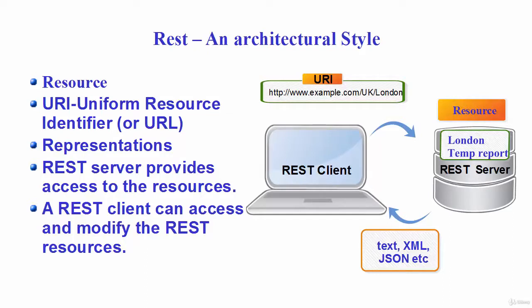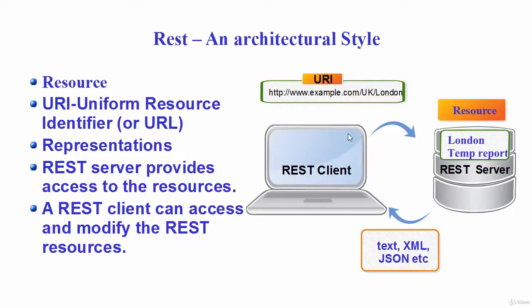So in a REST based architecture, you have a REST server which provides access to the resource. In our case, it's weather data of some city, for example, and you have a REST client. The REST client can access or modify the REST resource. Now every resource should support the HTTP common operations.